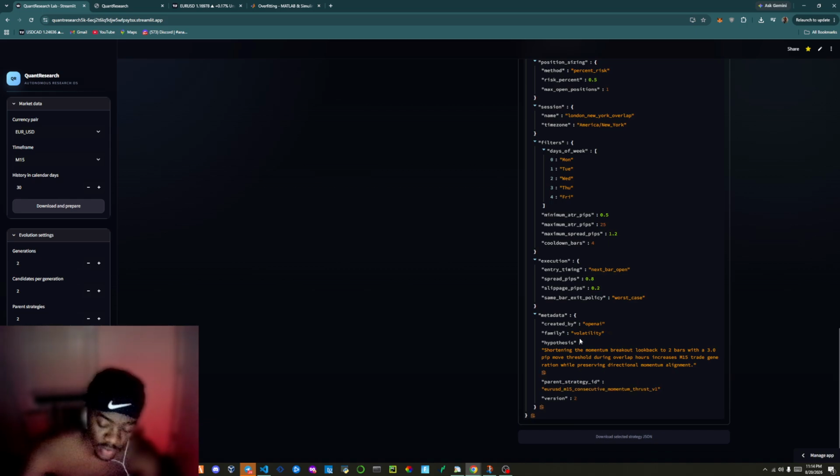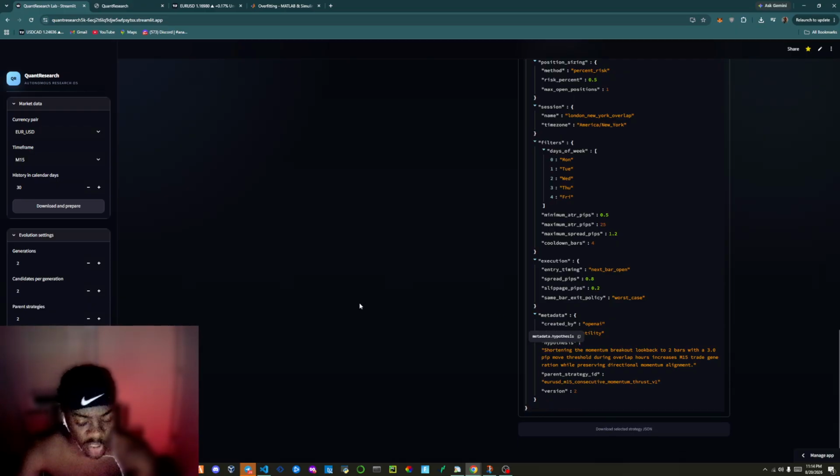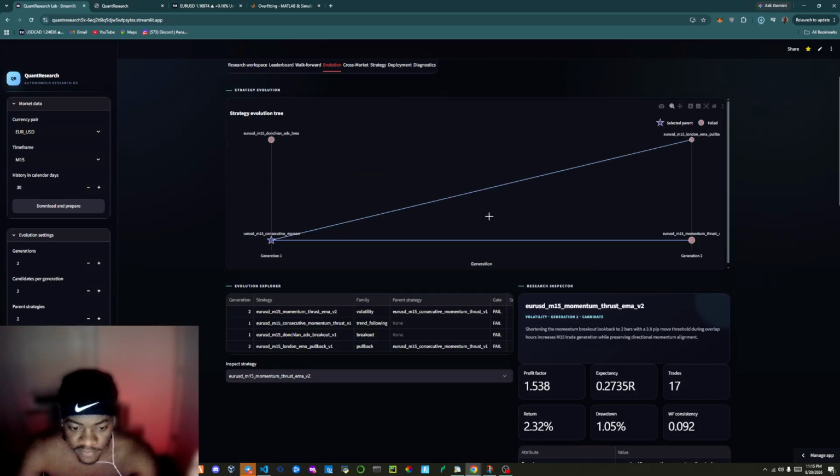So it took my original hypothesis, tested some strategies, and then found a profitable strategy and came up with this hypothesis. So this is a research platform that finds strategies for you. Now you can download this JSON or this strategy, and you can save it to see if it's replicable across different markets.